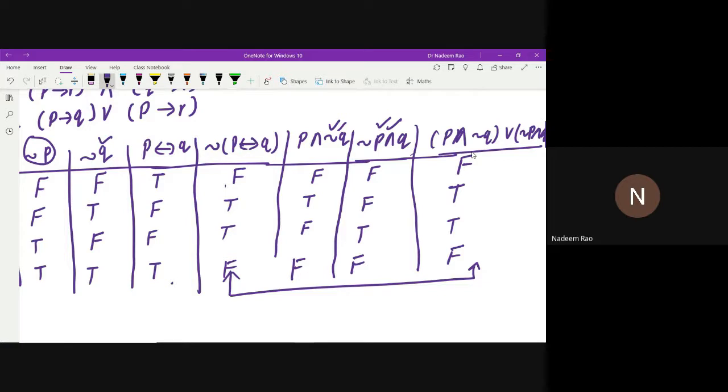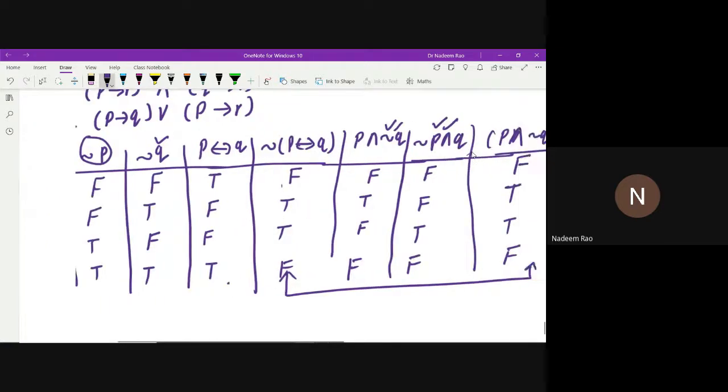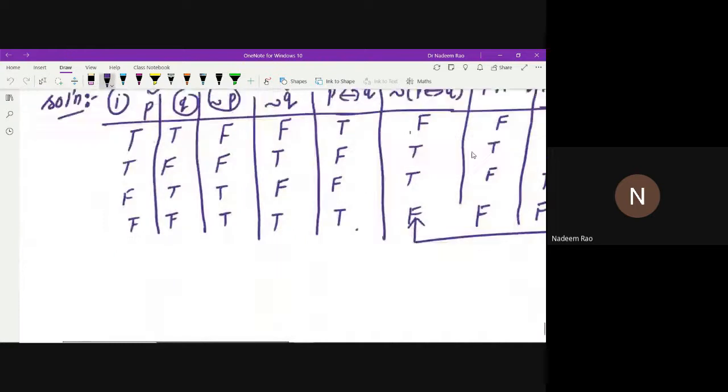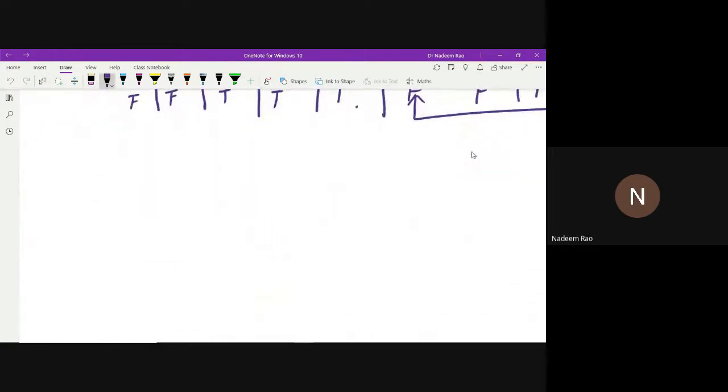Similarly, we can find the truth table for the second one. Let me see the second one.